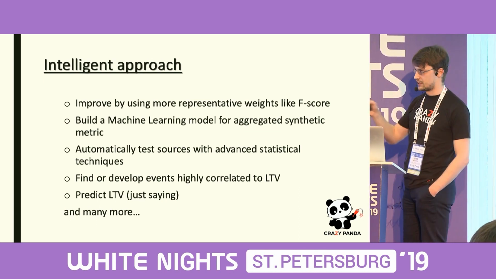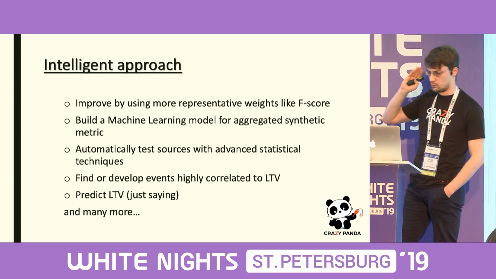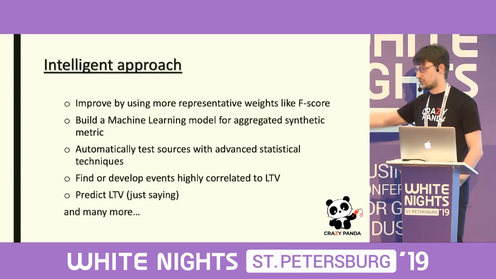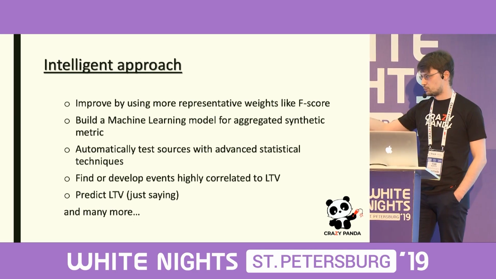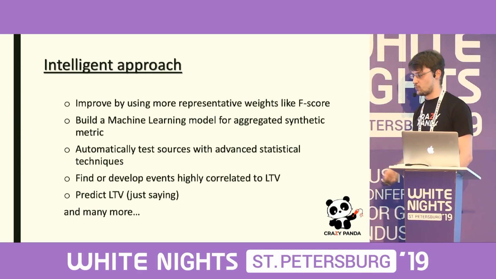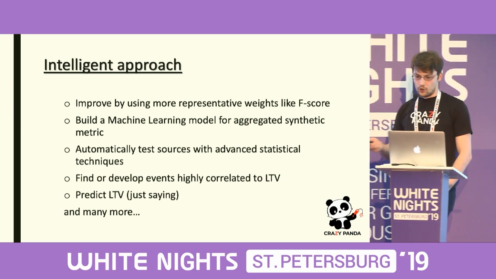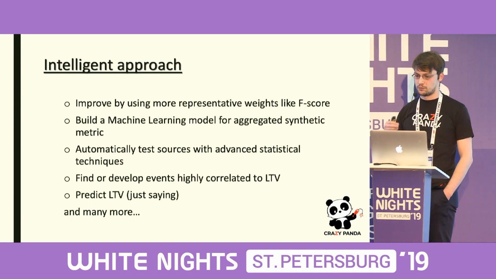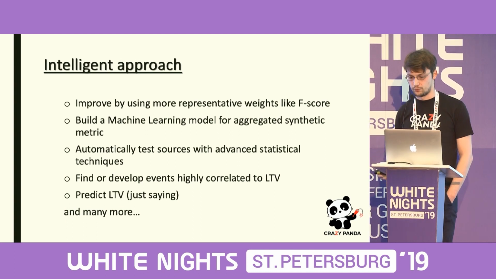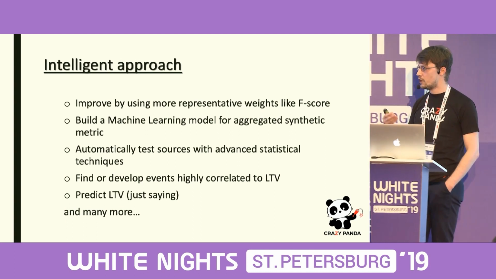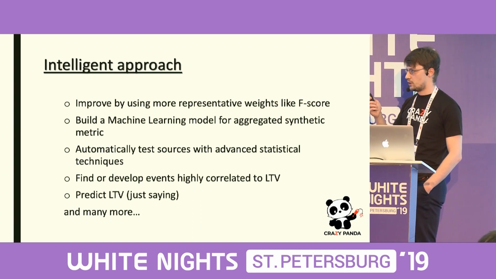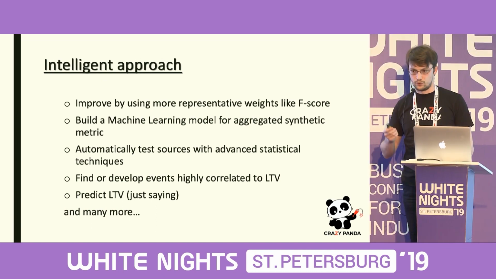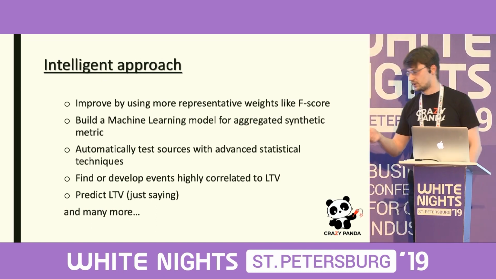So there are a lot of approaches: using more and better weights, building machine learning models, automatically testing sources, a lot of them. Even predicting LTV is the same way. I hope that intelligent classification of sources comes with really complex issues, but I hope you will have an idea after this lecture about how to handle them, and if you want to go deeper into details, once again, catch me later.